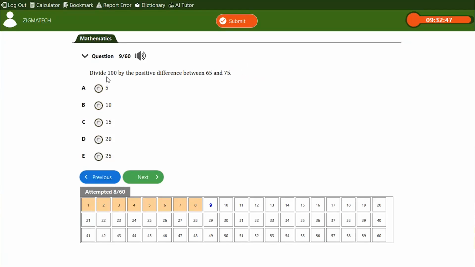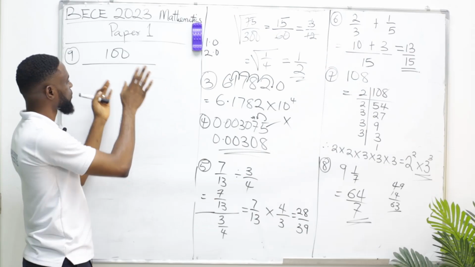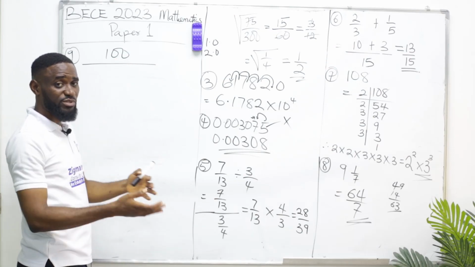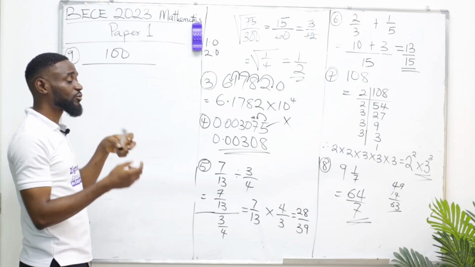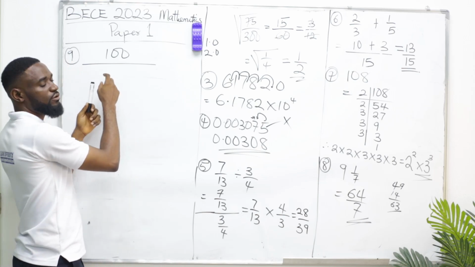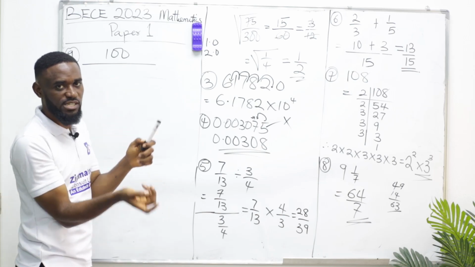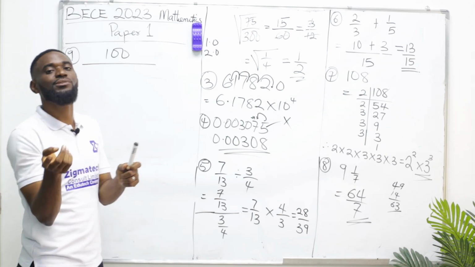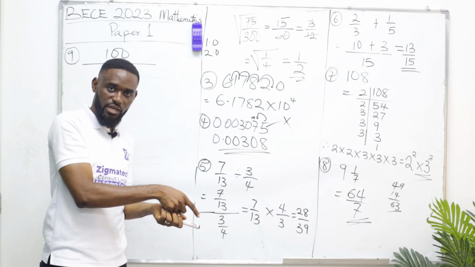All right, so divide 100 by the positive difference between 65 and 75, okay? So we have 100 divided by the positive difference between 65 and 75. So are we going to do 65 minus 75 or 75 minus 65? Since they said positive difference, okay?